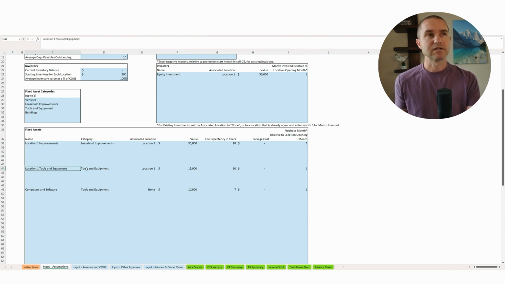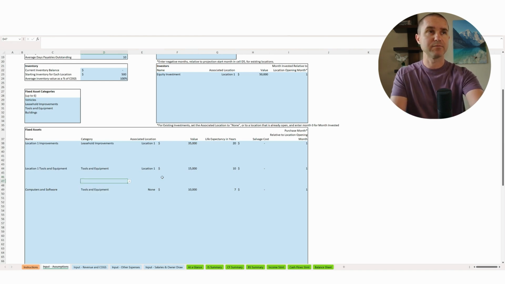Then we have location 1, tools and equipment. So let's say we're going to spend $15,000 on tools and equipment. Now, if you're buying a work vehicle, you could put in the purchase of the vehicle here as well. You can see we have a vehicle category, so you could add a row, select vehicle, so you could add that. But I'm going to assume for the sake of this model that we're leasing a vehicle, just for simplicity's sake.